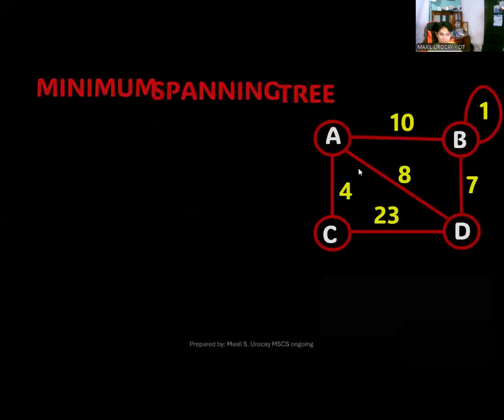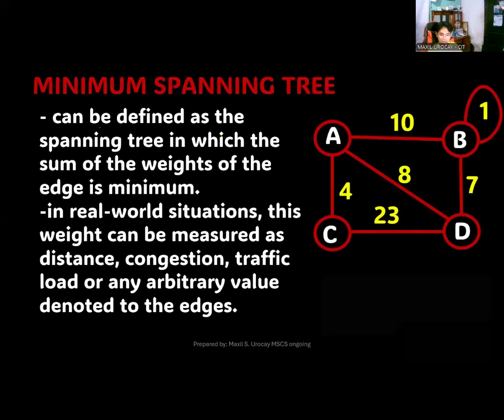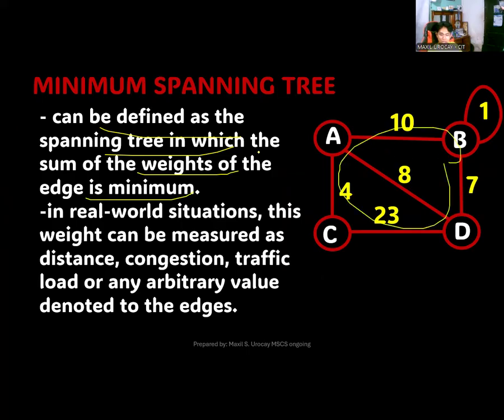When we say minimum spanning tree, that can be defined as the spanning tree in which the sum of the weights of the edges is minimum. So that means it is a weighted undirected graph where we are adding all of those minimum edges.